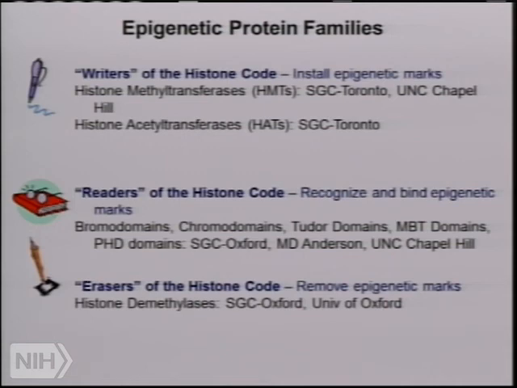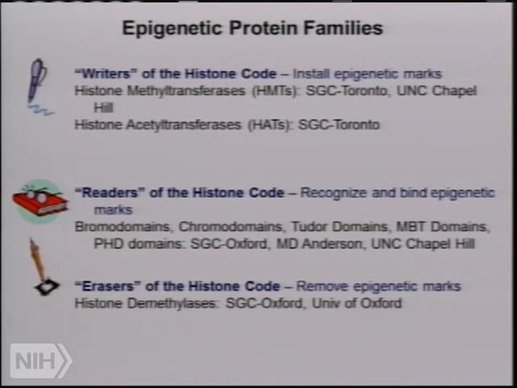Readers are proteins that do not catalyze any reaction. Rather, they recognize, bind the epigenetic marks, that is, lysines, arginines that are differentially methylated or acetylated, and they further recruit transcription factors or other proteins, and these are bromodomains, chromodomains, and other domain families.